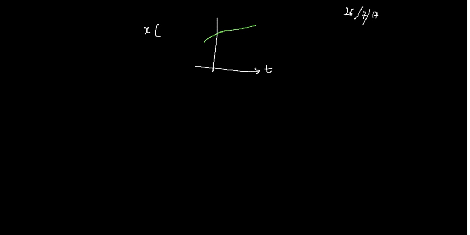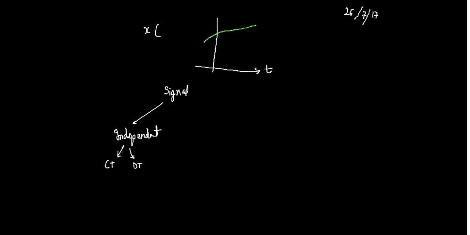Now the signals can be classified based on the classification of independent variables. The independent variable, is it continuous time or discrete time?